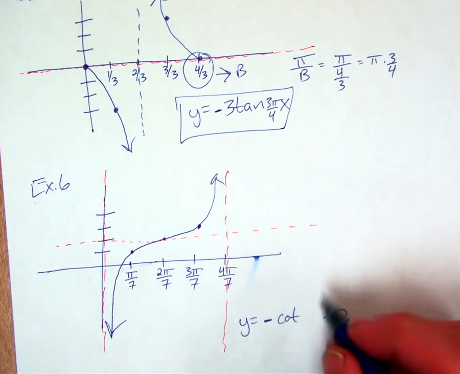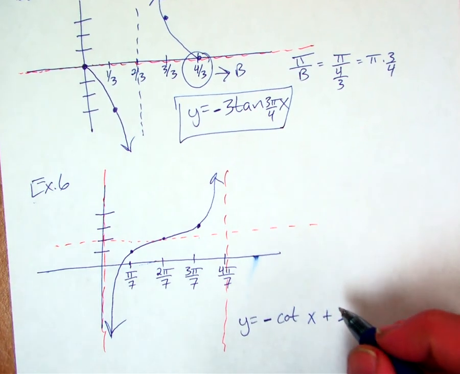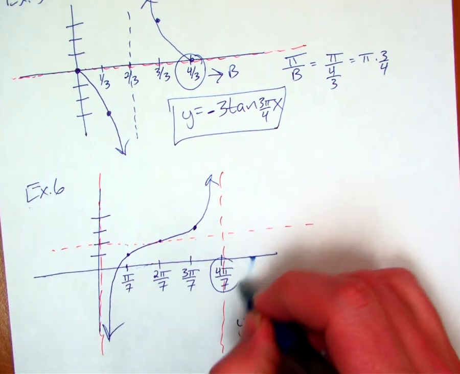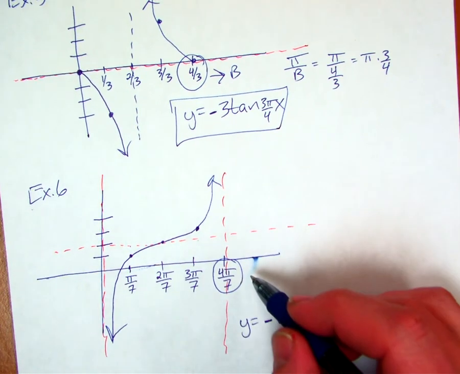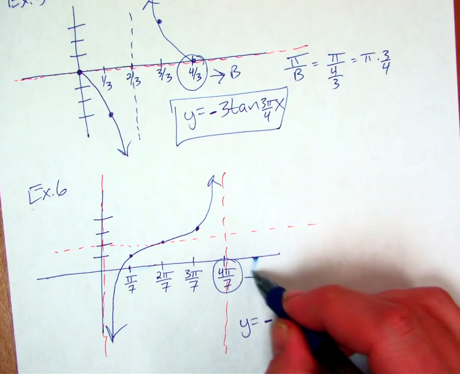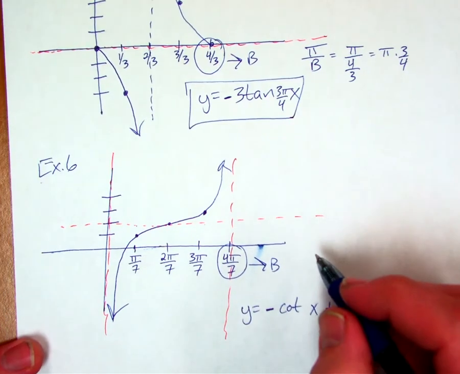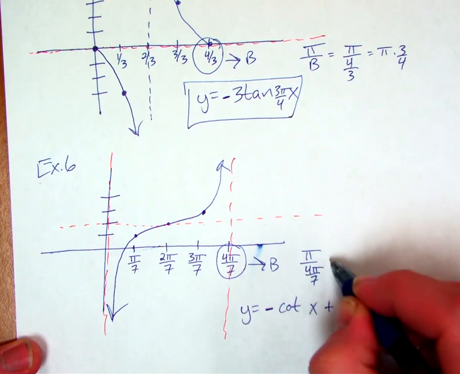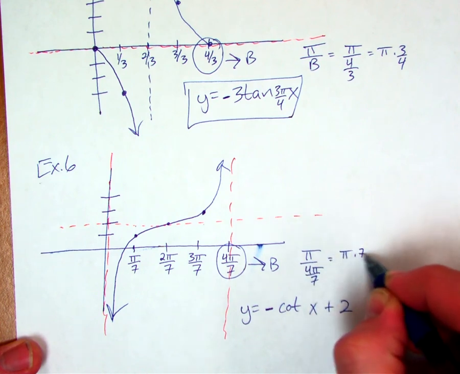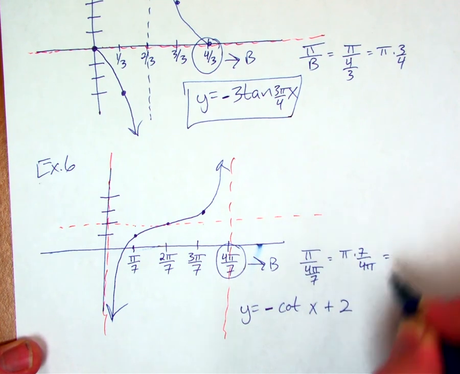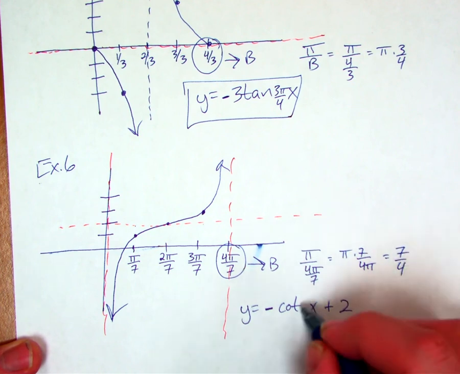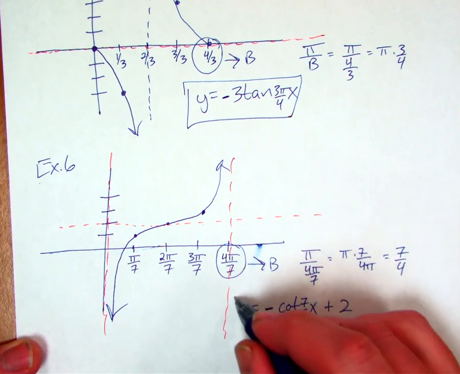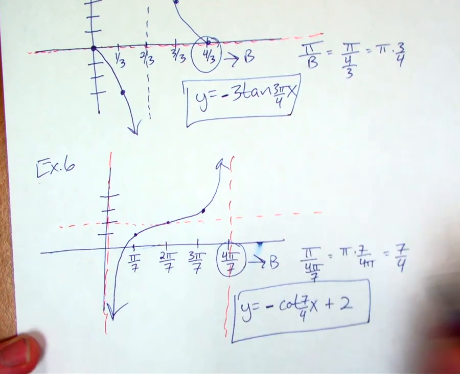The only thing you're missing is B. Like we've done before, you always take your last point, plug it in for b. So pi over 4 pi over 7, flip and multiply, you get 7/4. So your final answer for this cotangent function is right there.